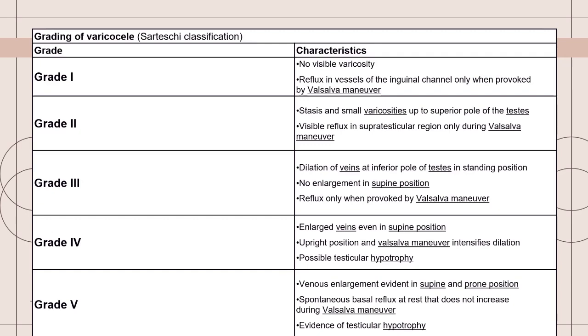Sometimes in this grade, we have testicular hypotrophy. And the final grade, which is the worst, is grade 5. We have venous enlargement in supine and prone position, and evidence of testicular hypertrophy or atrophy.